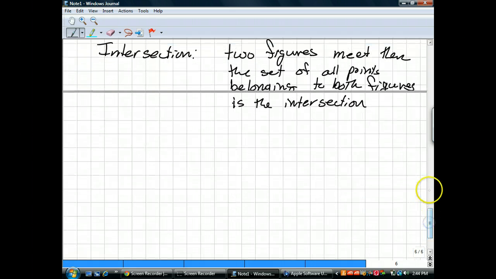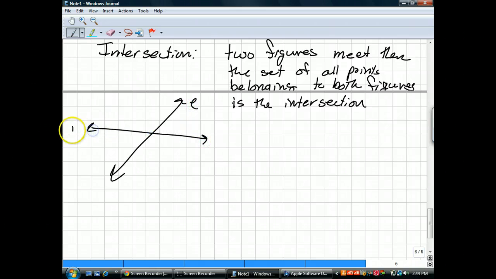So for instance, if I have line L and line N, they intersect at this point. We're going to call that point X. If two lines intersect, they intersect at a point, so X is the intersection of those two lines.